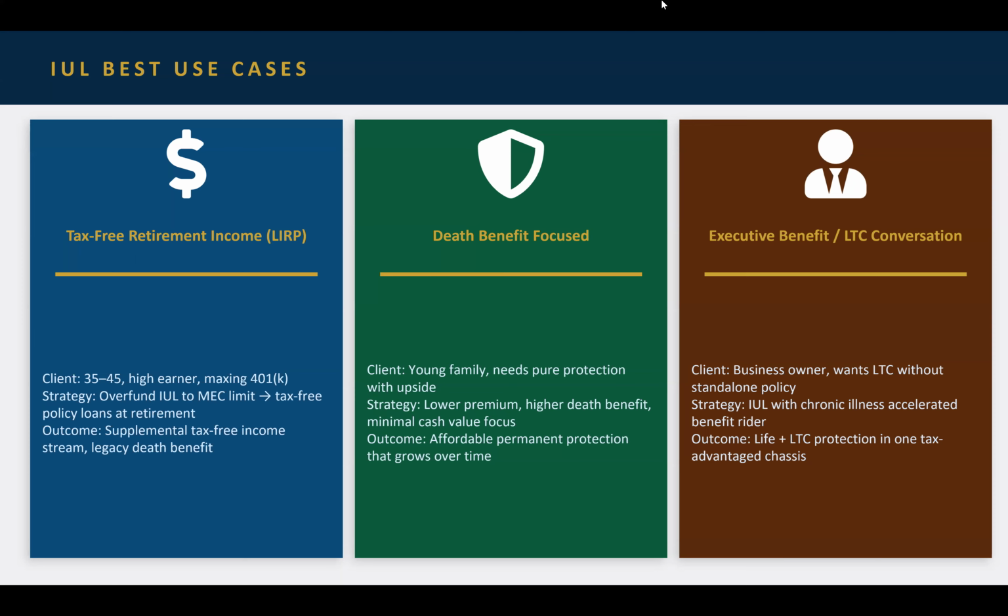So tax-free retirement, then you have death benefit focus. Now, back in the day, people would use guaranteed universal life as a way to fund for estate planning and things like that. But guaranteed universal life, in my opinion, is no longer a product that really should be sold. GULs have higher cost. There's no cash growth or accumulation inside of them.